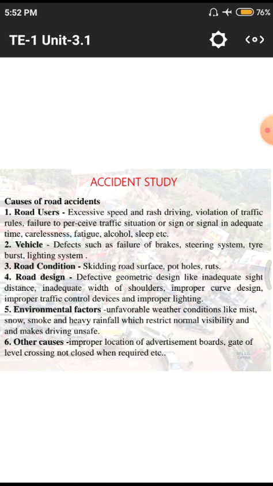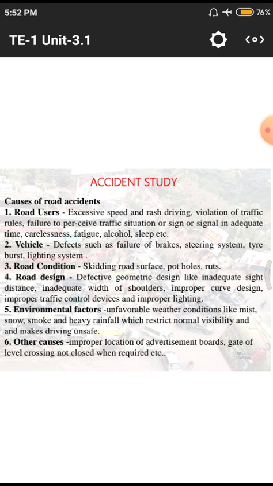Why? Because a few persons are violating these rules, while the remaining persons are simply following the rules. There may be a change in the speed pattern from vehicle to vehicle. Automatically, this change in the speed pattern leads to accidents. Next one is rash driving.